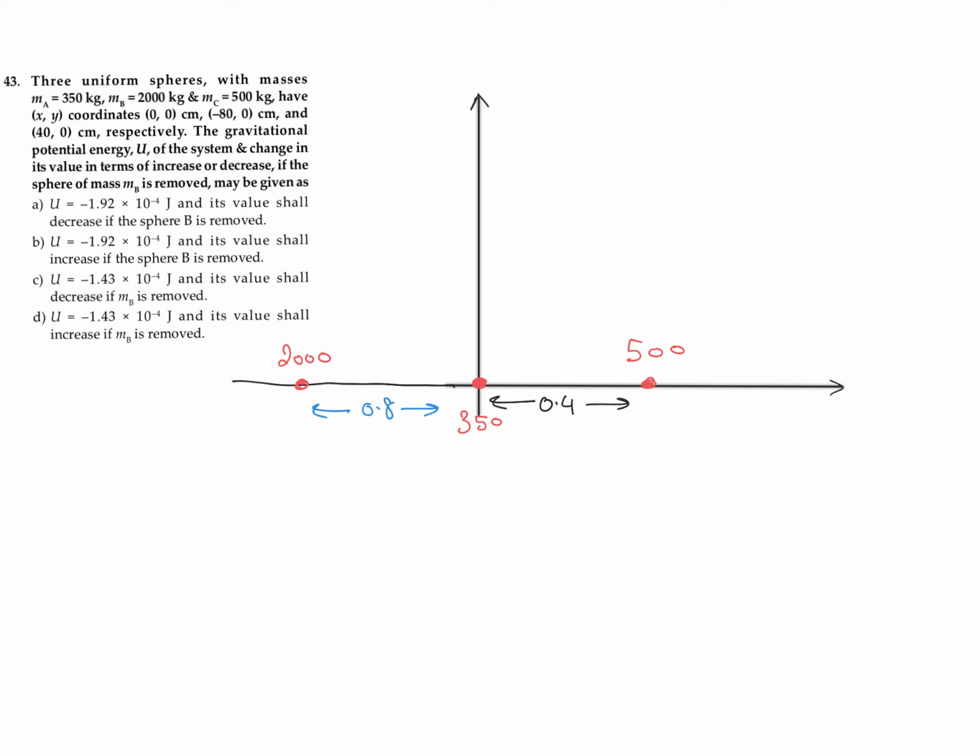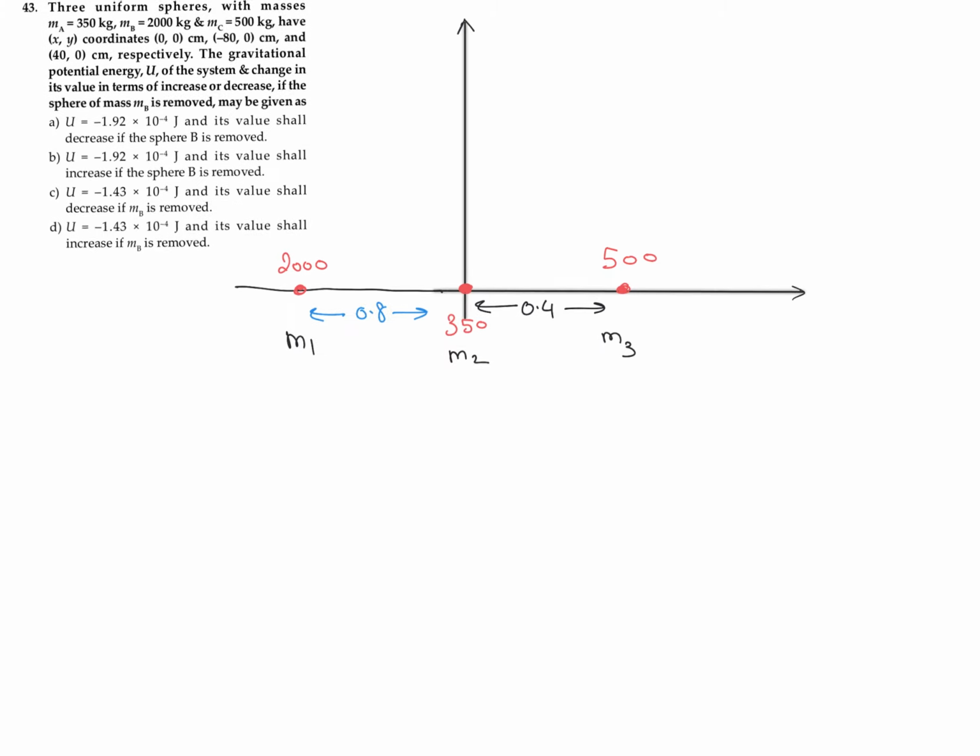We know that if there are three masses like m1, m2 and m3, we need to write the total potential energy as a combination of the potential energies of the individual pairs.